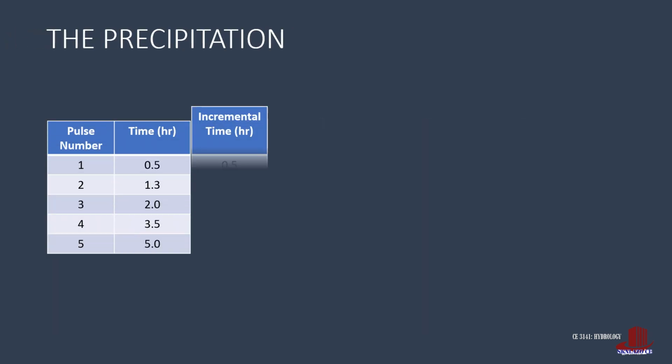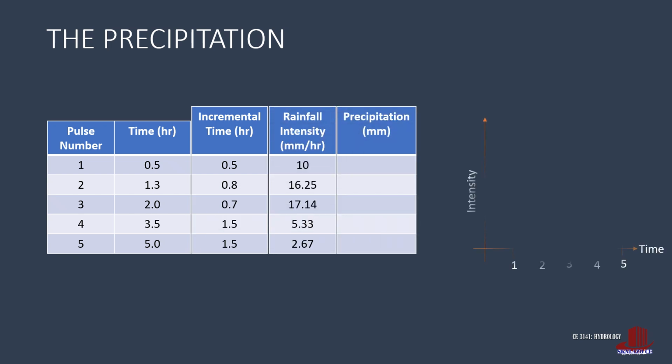We can then draw the hyetograph after learning the intensities. We work a little further by taking the areas of each bar plotted in the hyetograph. This area is the precipitation volume. The first is 0.5 by 10, which gives 5 millimeters. Next is 0.8 times 16.25, and that is 13.